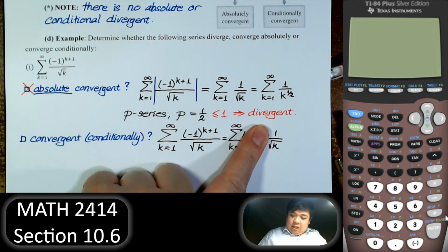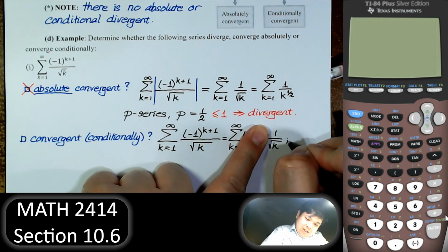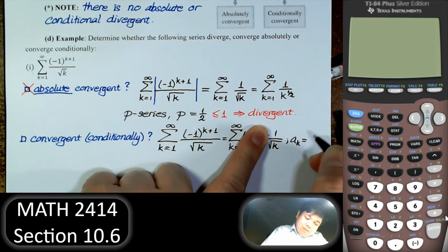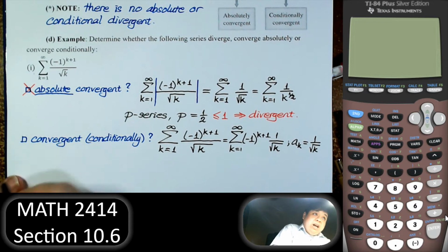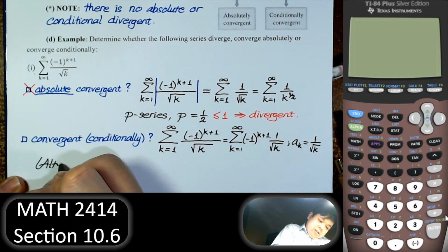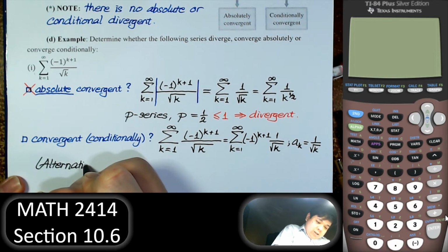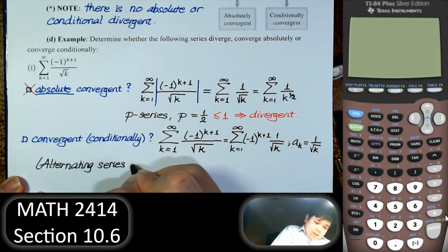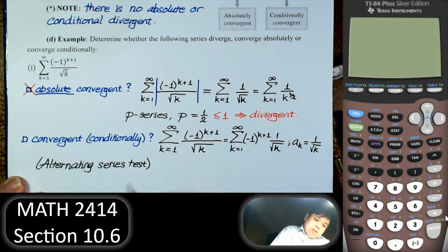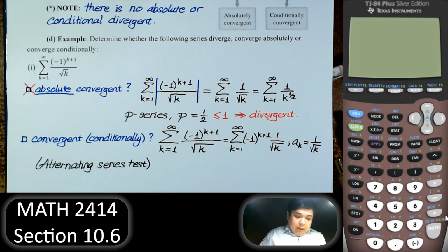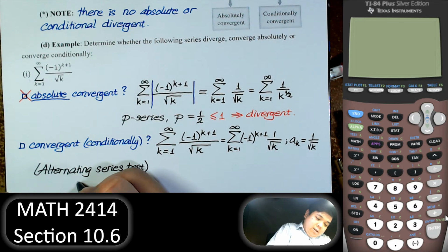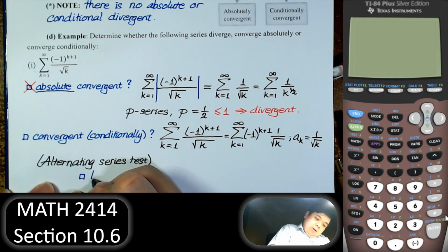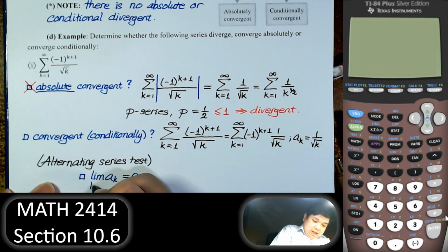So we're going to ignore that and let h of k be that. And we're going to use the alternating series test, meaning we're going to do two things. First, the limit of h of k equals 0 as k goes to infinity.